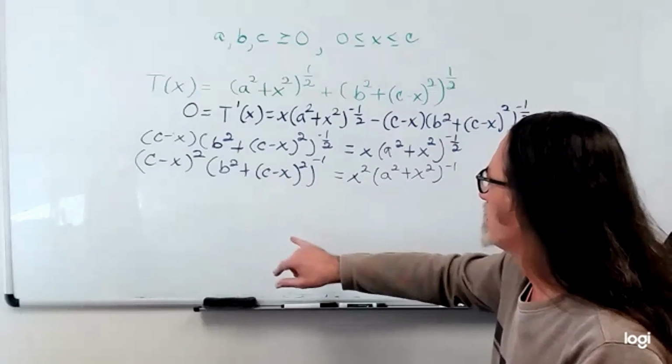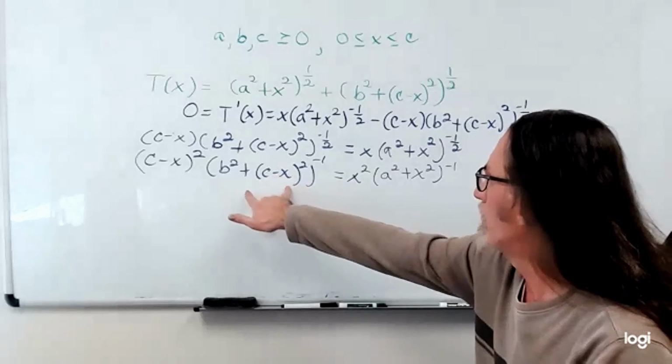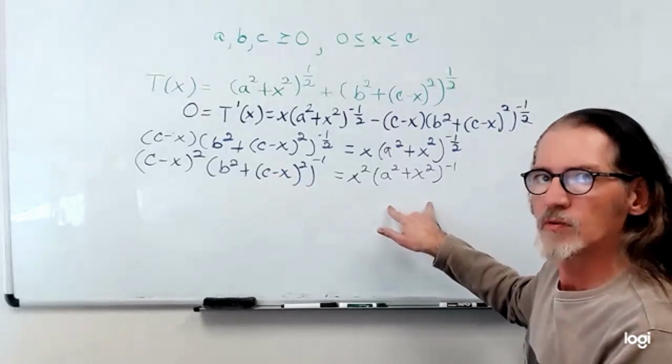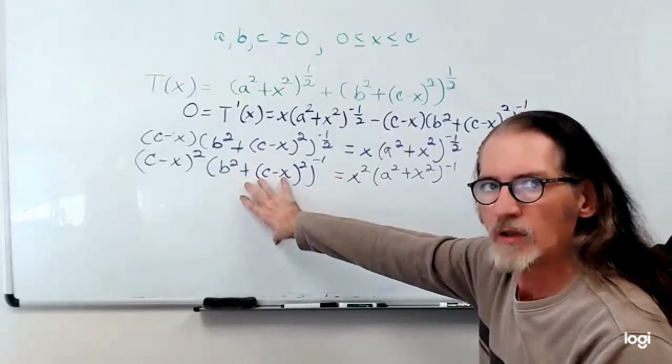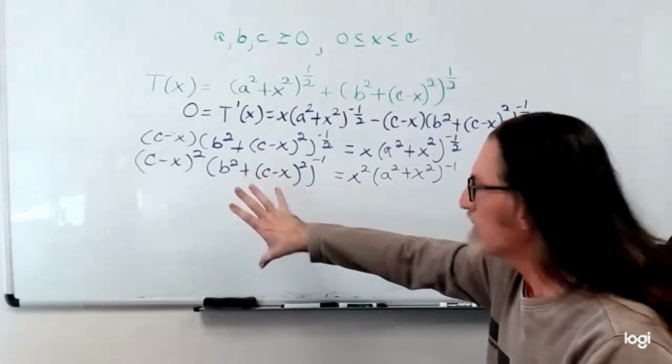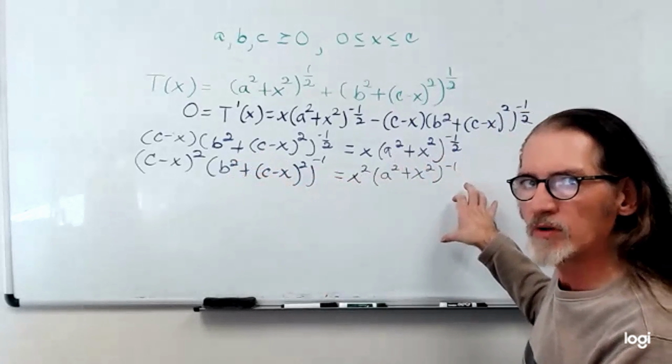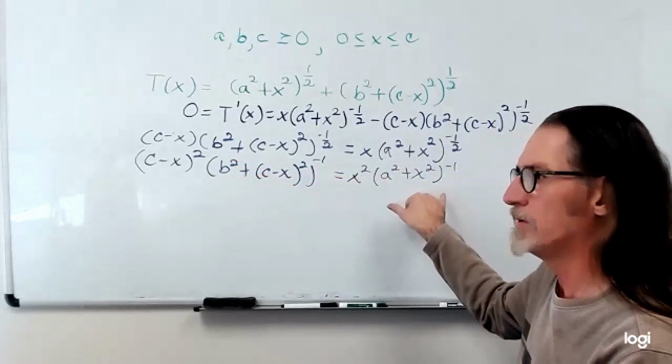Let's multiply both sides by the first power of this and of this. So that, for example, we'll see this part canceled on the left side, but show up to the first power on the right side. Similarly with this portion.